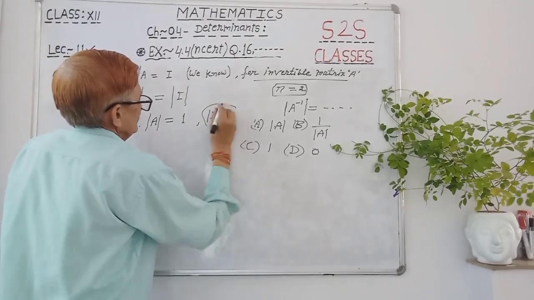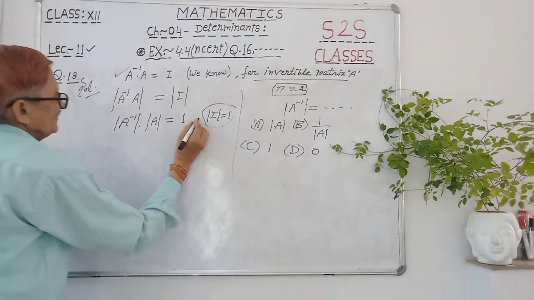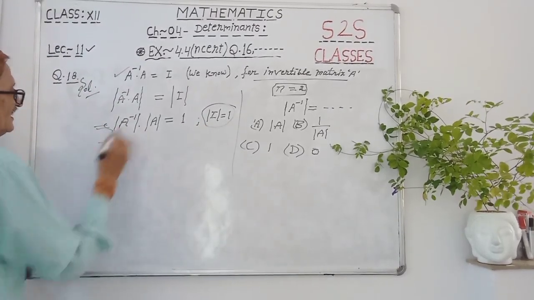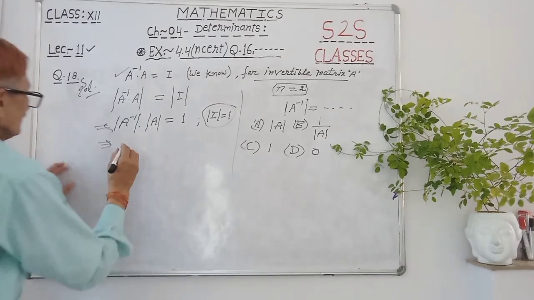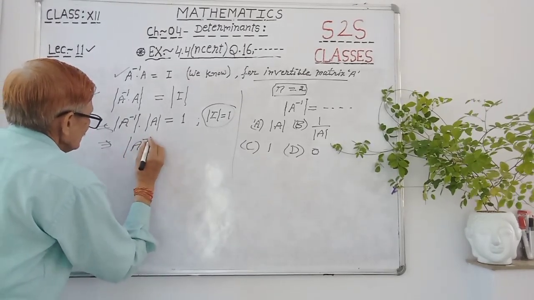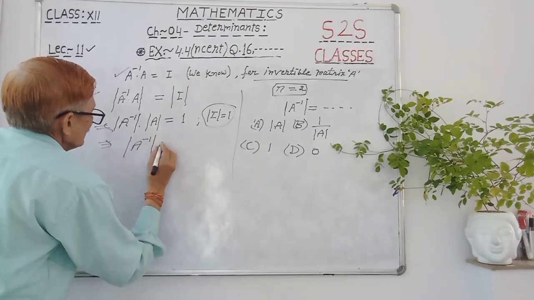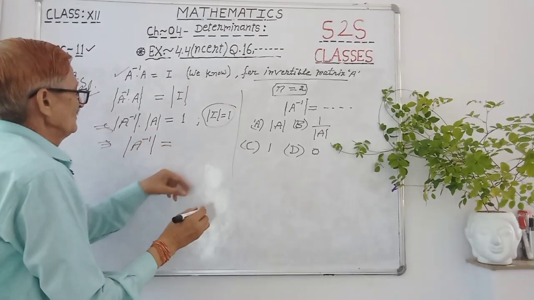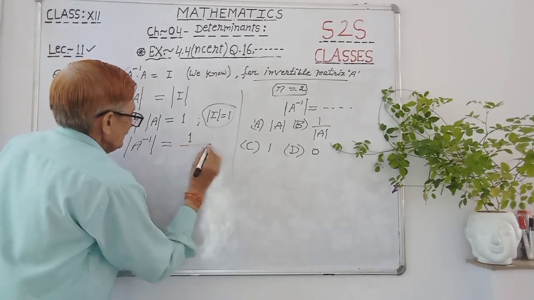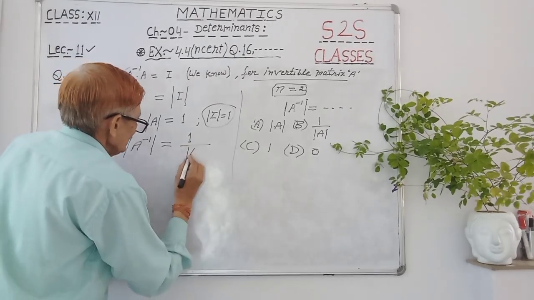So this implies determinant of A inverse, multiply goes to divide, is 1 upon determinant of A.